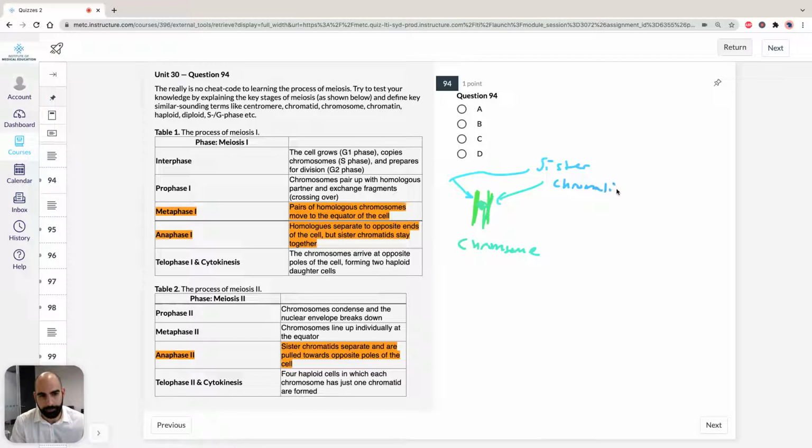We can see in the first image, the chromatids are being pulled to the opposite sides of the cell. So we know that image 1 is going to be anaphase 2, because the sister chromatids are separating and are pulled towards the opposite poles of the cell. So A is going to be anaphase 2.